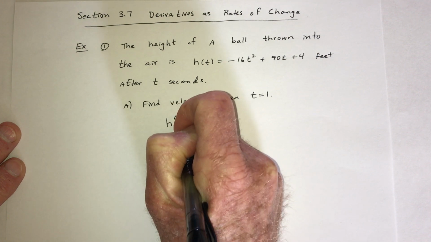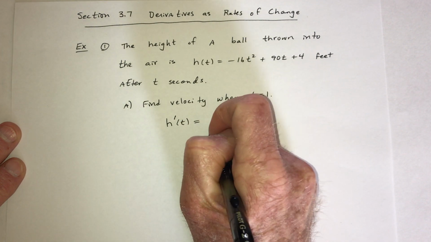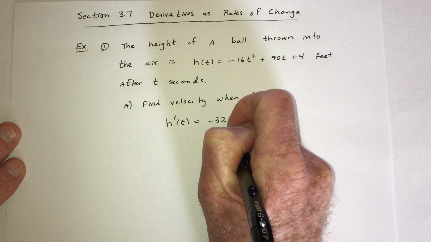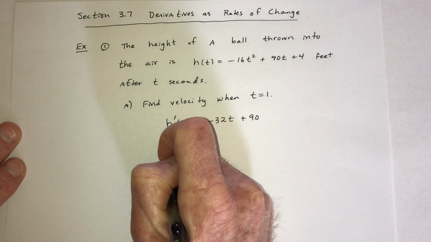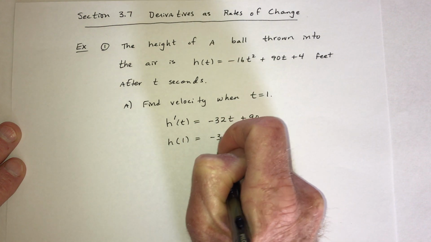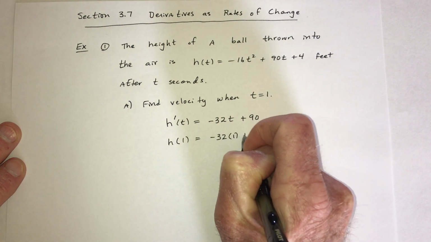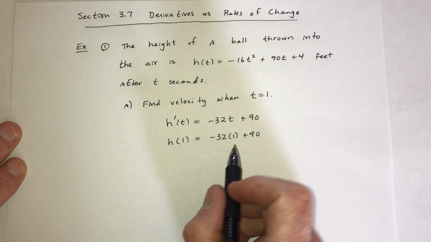So the derivative will be, just use the power rule, so that's going to be negative 32t plus 90. And then substitute in a 1. So negative 32 times 1 plus 90, which is 58.